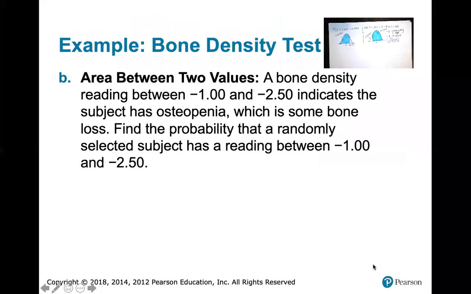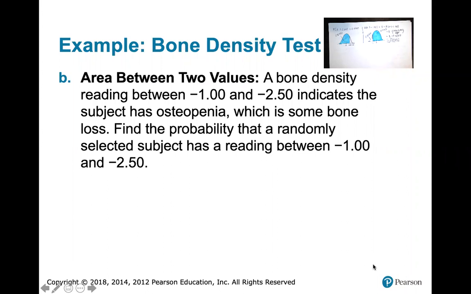Okay. Now, lastly, you could be asked to find the area between two Z values. So this is another application of these bone density test scores. Scores between -1 and -2.5 indicate that a subject has osteopenia, I may be mispronouncing that, which is some bone loss.